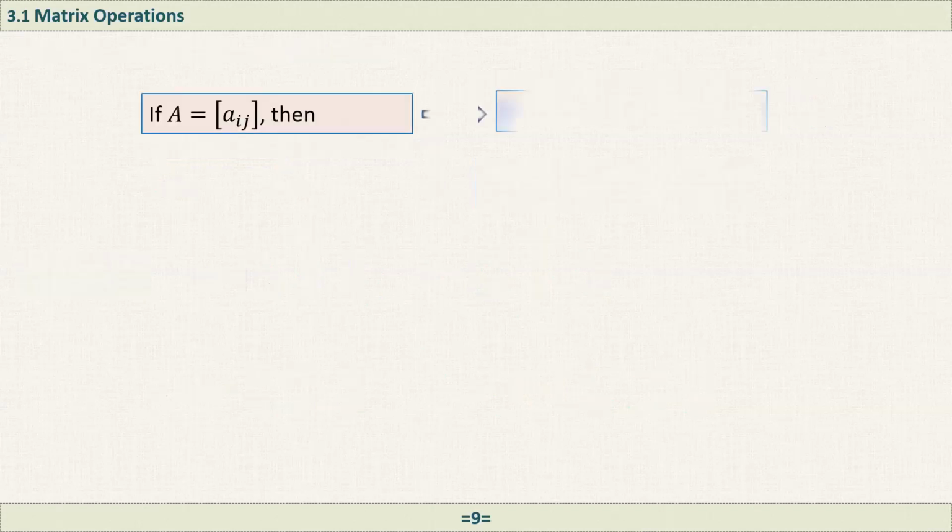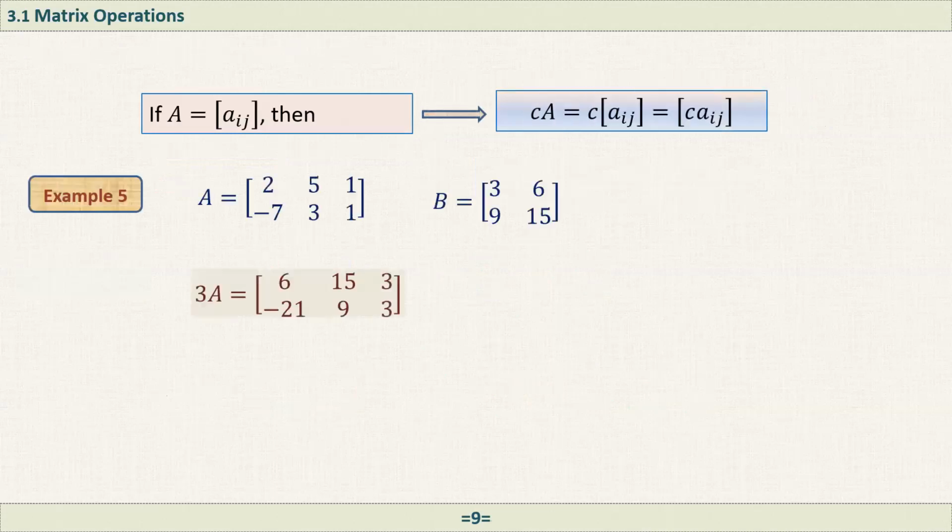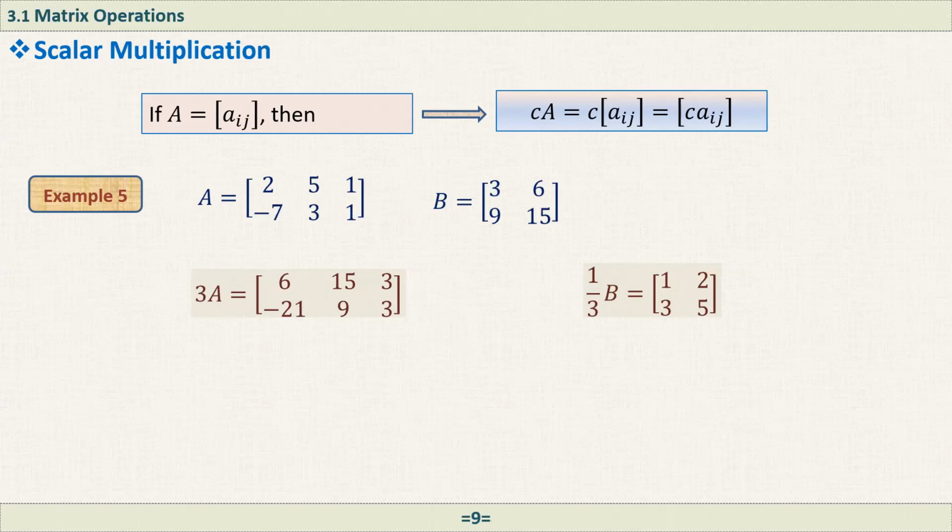The next topic is scalar multiplication. That means how do you multiply a matrix by a scalar, a real number? Here C is a real number, maybe 1, 2, 3, 4, 5, 6, 7, anything.